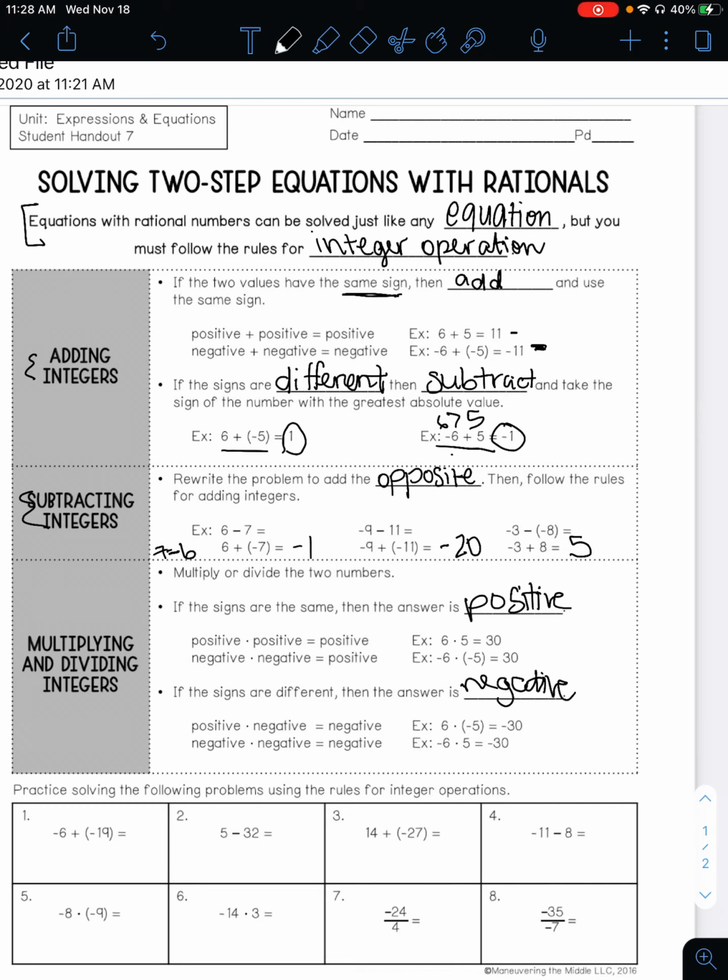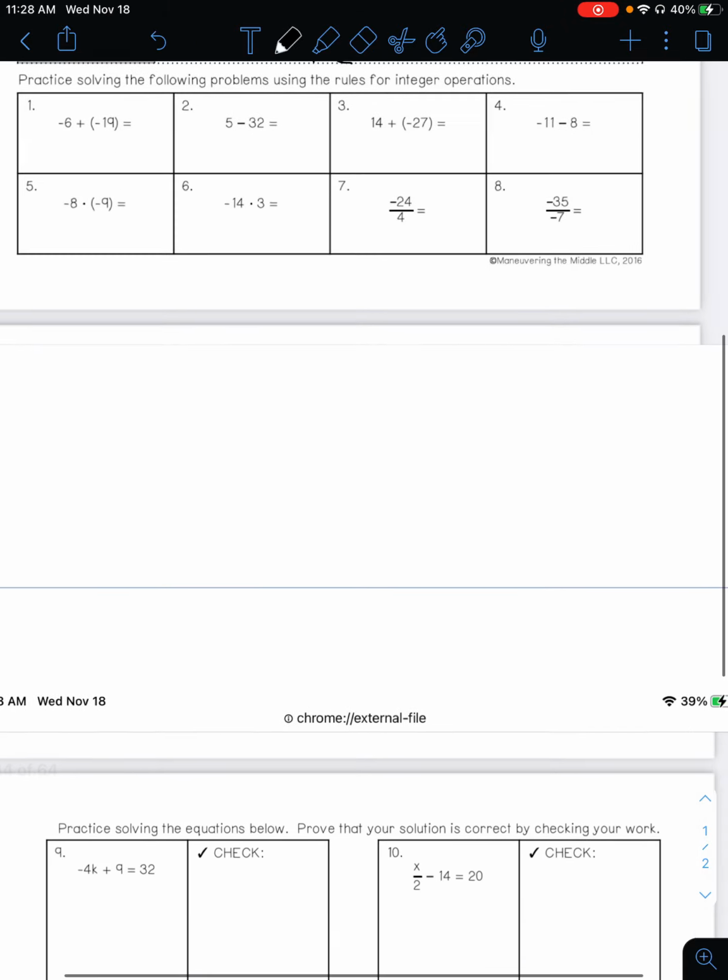But a positive times a negative is a negative, and a negative times a positive is a negative. Same with dividing: a positive divided by a positive is positive, a negative divided by a negative is positive, but a positive divided by a negative is negative.